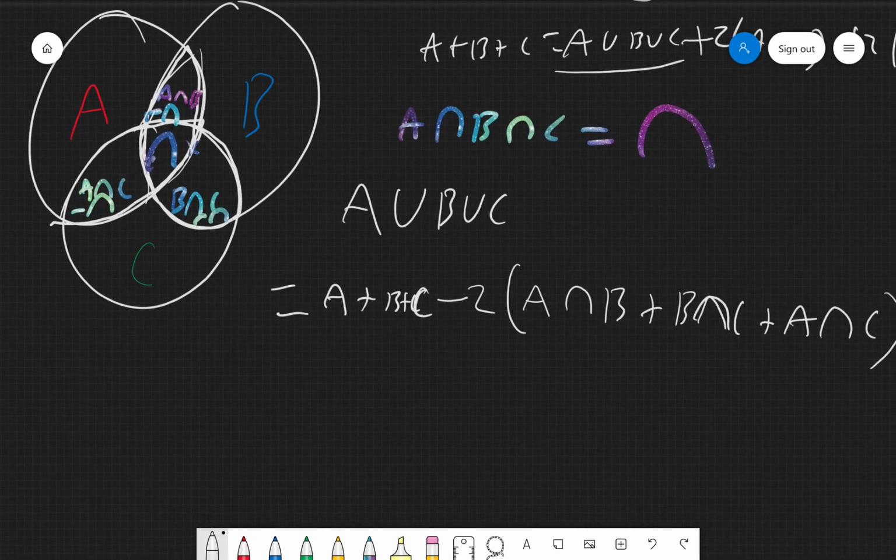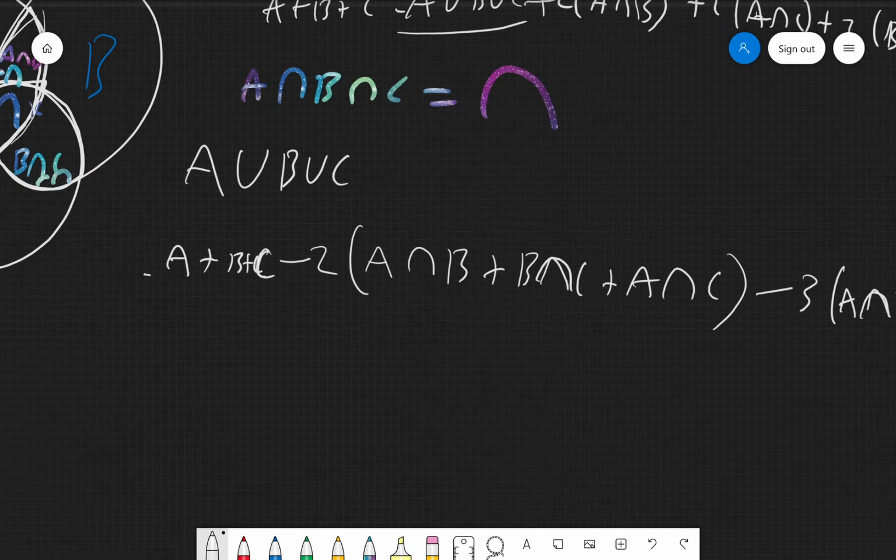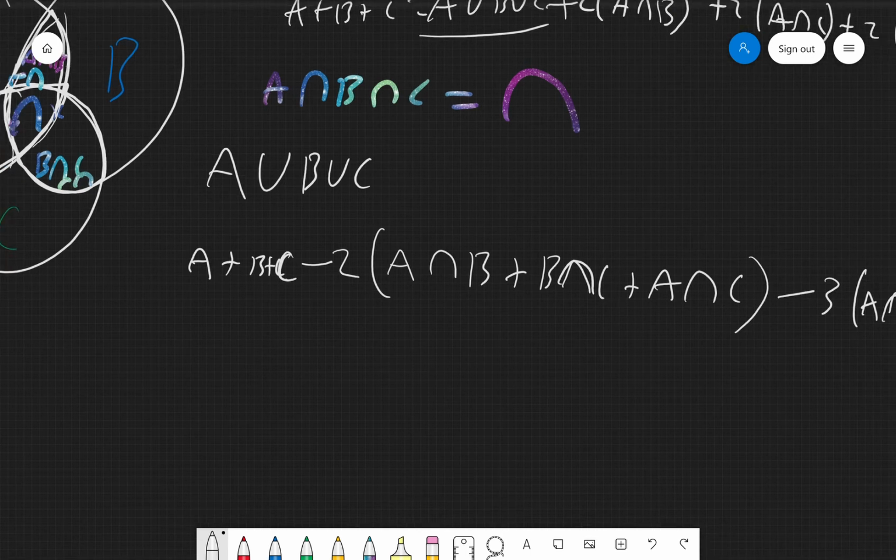A plus B plus C minus 2 intersection. Wait, oh, I think I messed this up. So you have A plus B plus C minus now, 2 intersection. So what this is going to get you, I'm not going to write equal, is A plus B plus C minus 2.